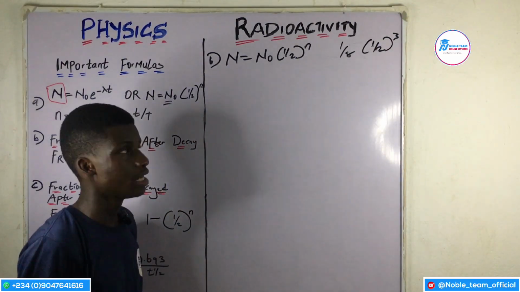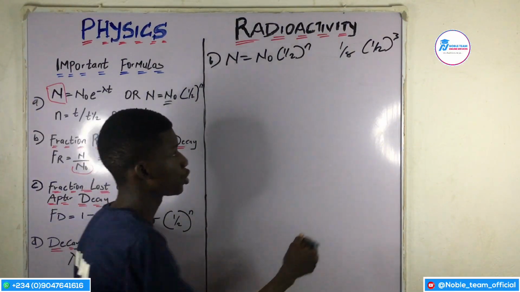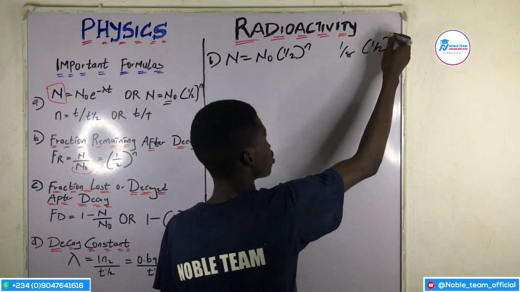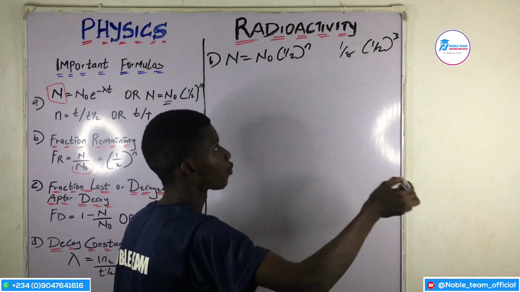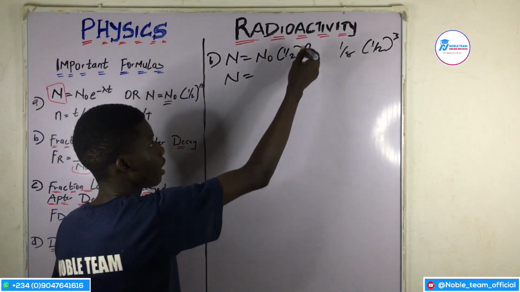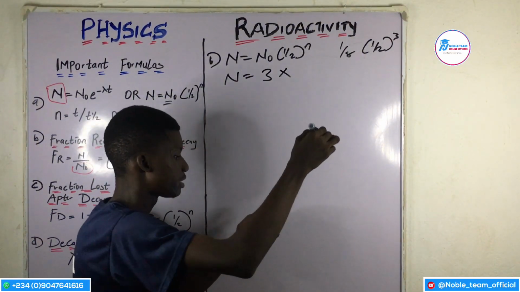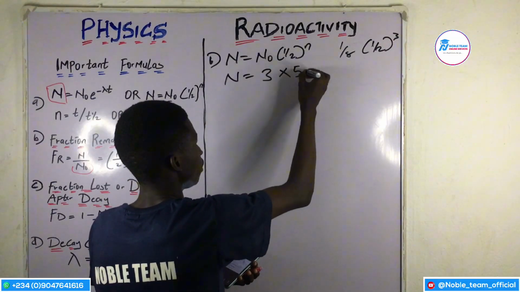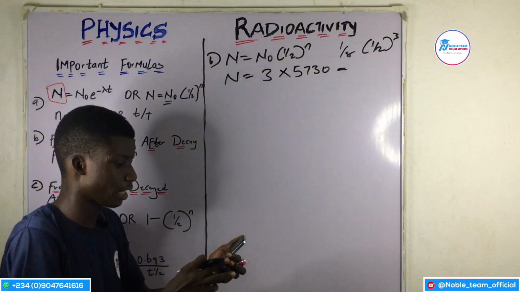Since it is raised to a power, we have already gotten our number of half-lives, because 2 times 2 is 4, and 4 times 2 is 8. So our n is 3, times 5,730 years, and whatever we get is our final answer.